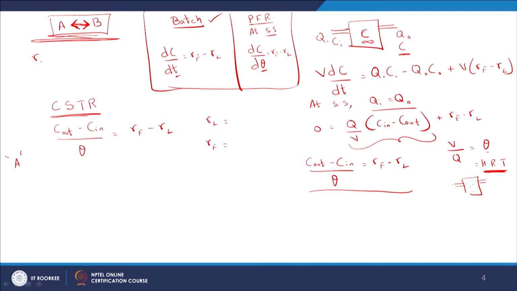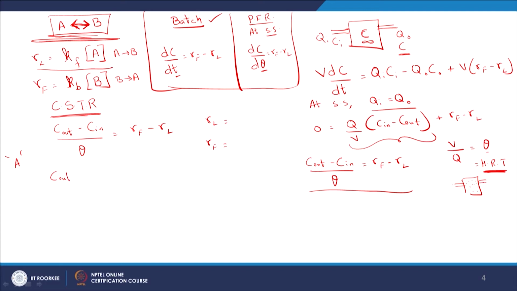So, rate of loss of the compound will be equal to the rate constant of the forward reaction times the concentration of A, and rate of formation of the compound is going to be the rate constant of the backward reaction times the concentration of B, right, because how is A being lost? When A goes to B, and how is A being formed? When B goes to A. So, these are the relevant reactions here. So, let us plug them in here please.